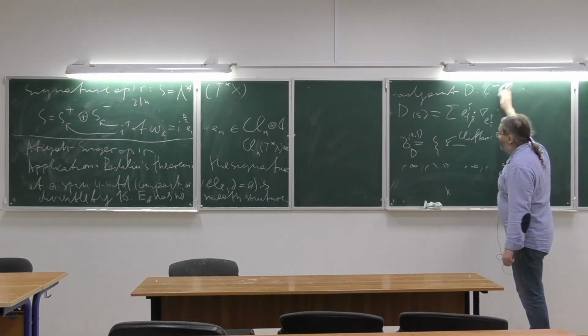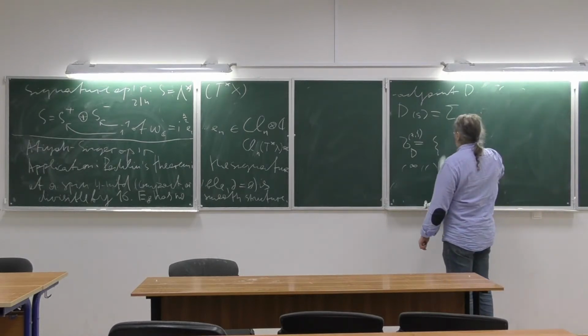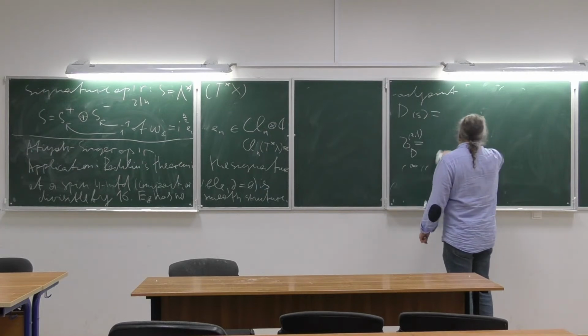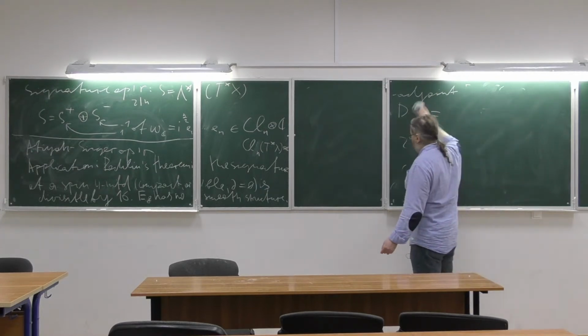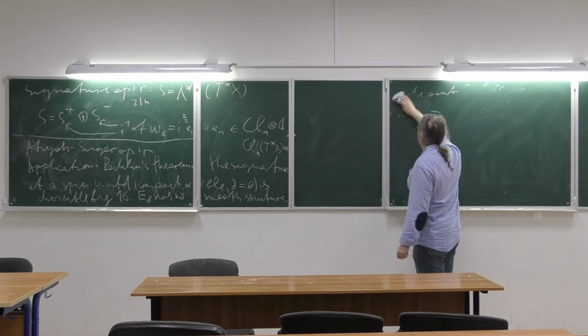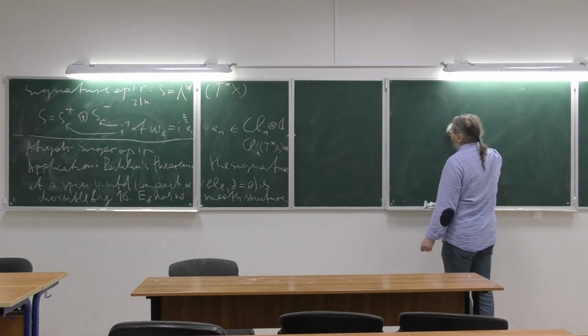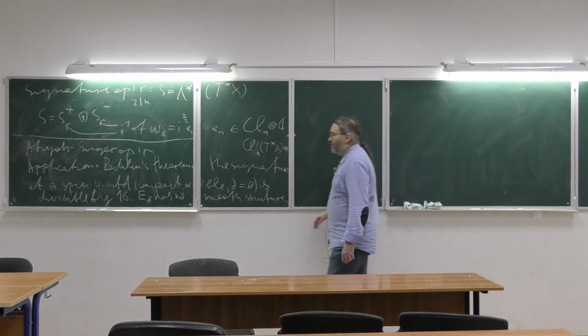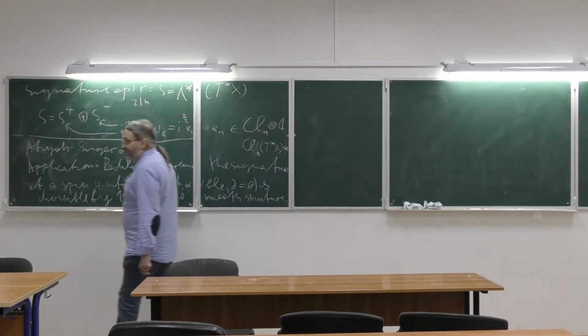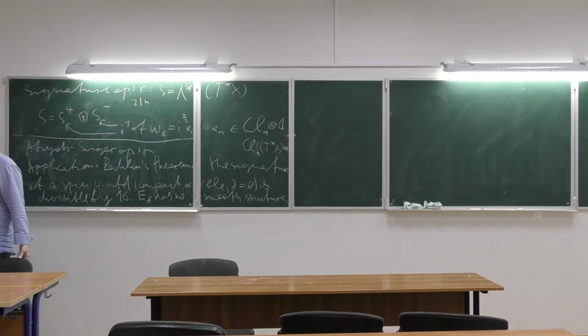If I have a smooth manifold with intersection form E8, then this manifold is automatically spin, and this follows from Wu's formula.